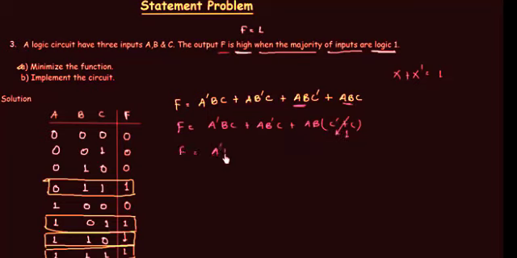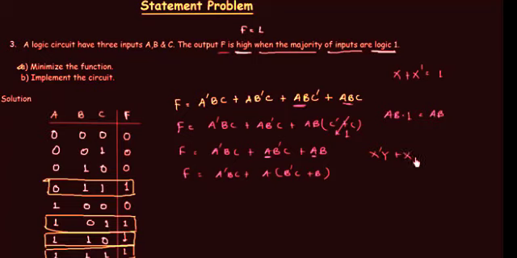Function F is A complement BC or AB complement C or AB, because AB and 1 is equal to AB. Now we will take A common from the last 2 terms and we will have B complement C or B in the bracket. And if you remember the distributive law, x complement y or x is equal to x or y.